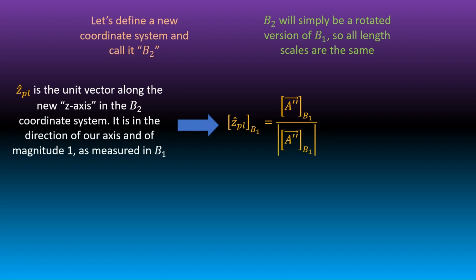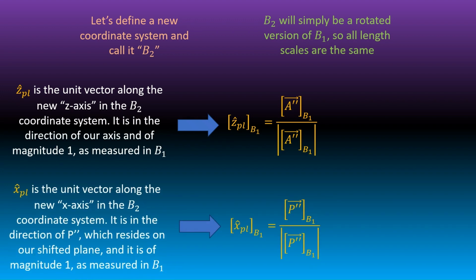And we'll define Z hat PL as A double prime over the magnitude of A double prime in terms of B1. And in doing this, we will ensure that Z hat PL is in the direction of A double prime and of magnitude 1 as measured in B1.